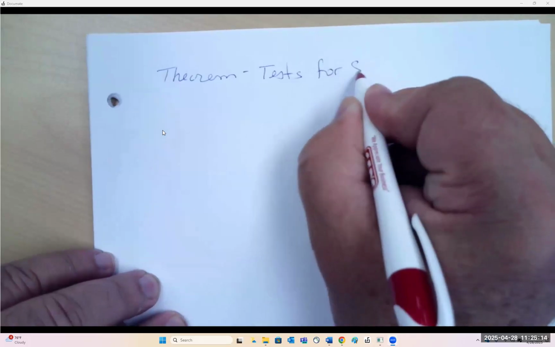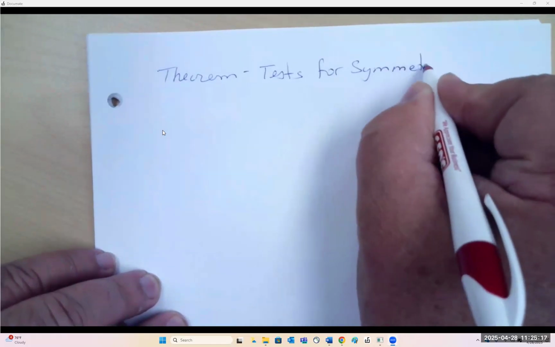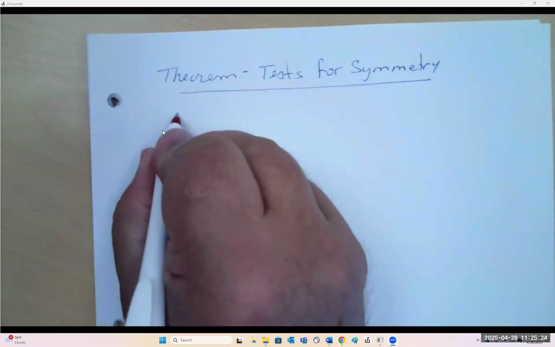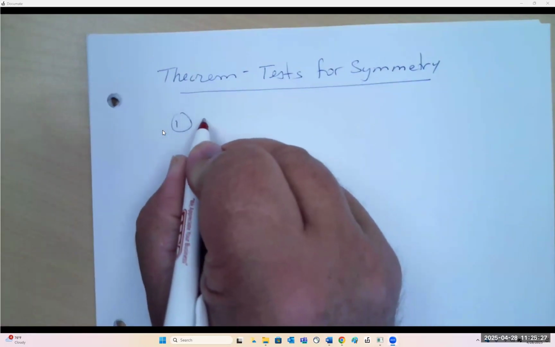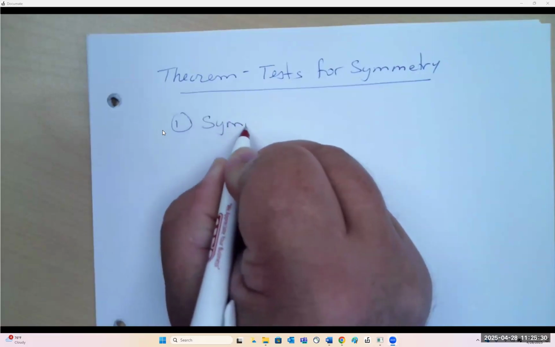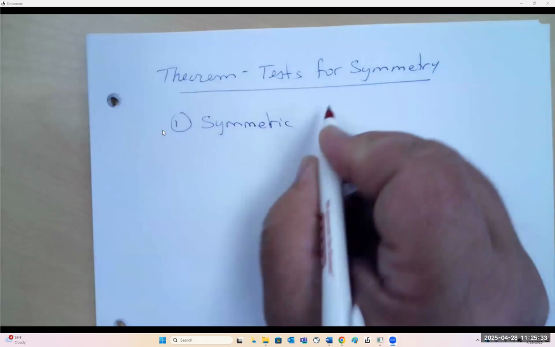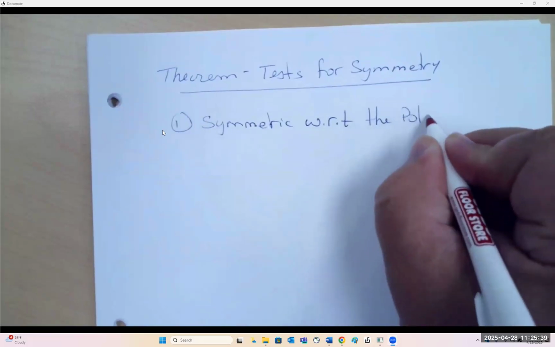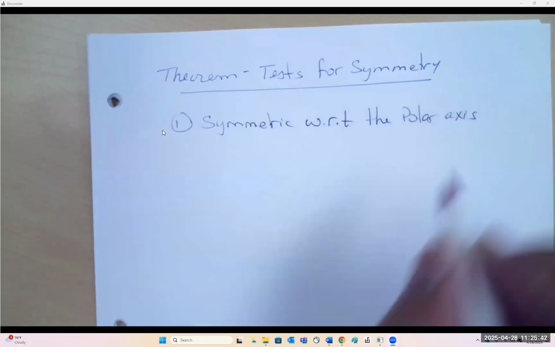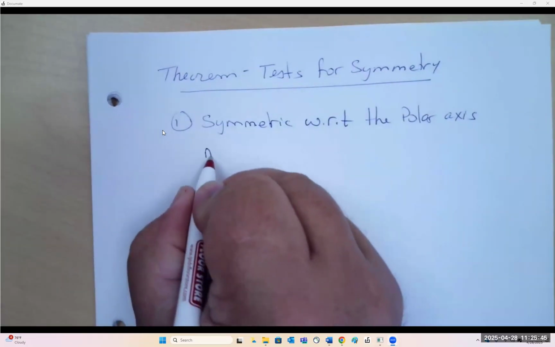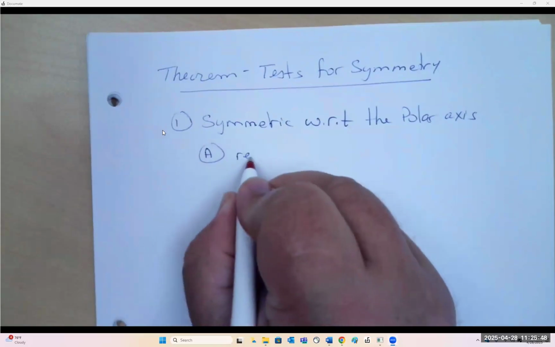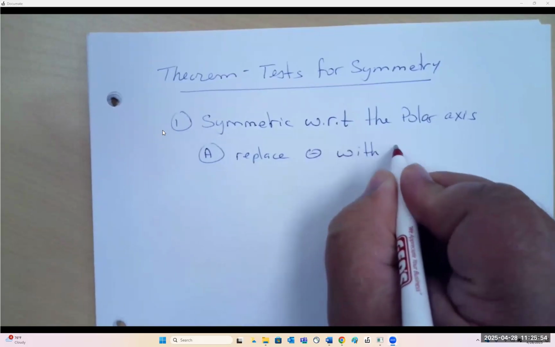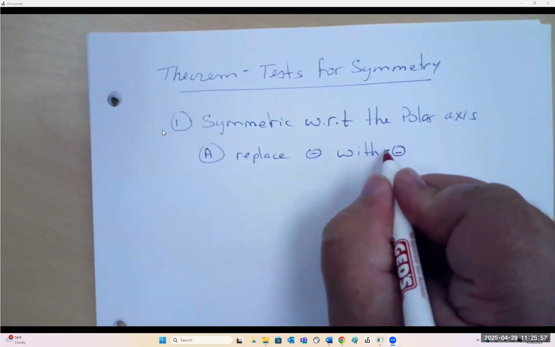Tests for symmetry. One, see if it's symmetric with respect to the polar axis, which is the x-axis. Replace theta with negative theta.